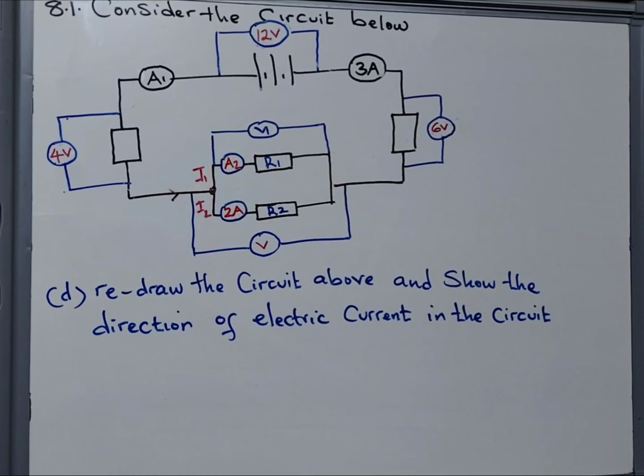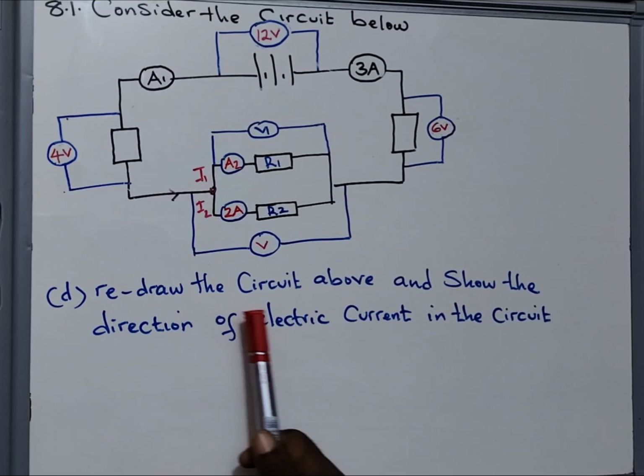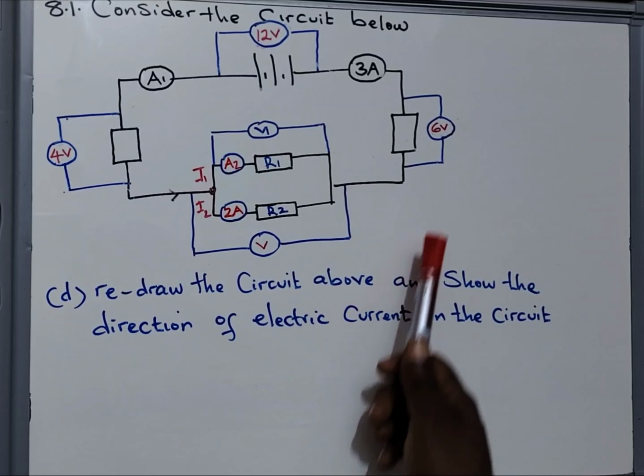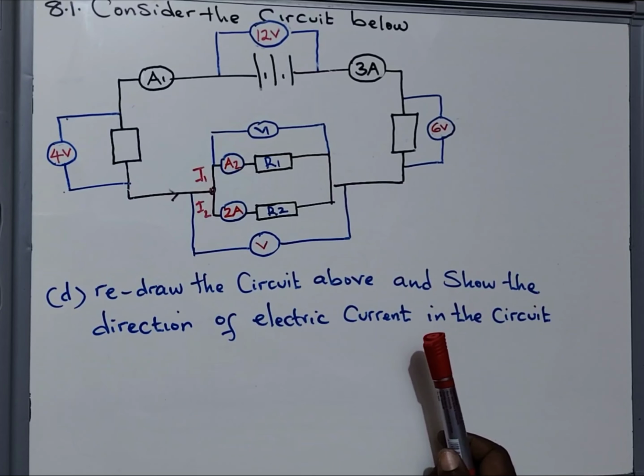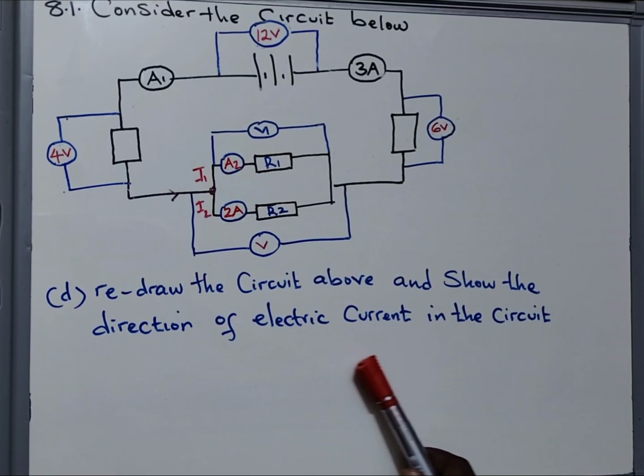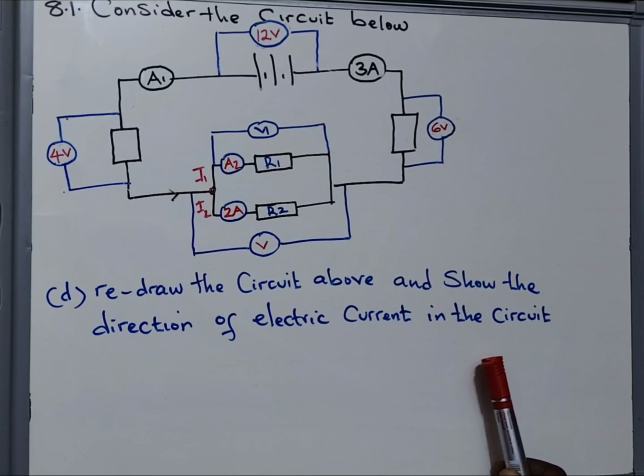Then comes this question. It says, draw the circuit above and show the direction of electric current in the circuit. Okay. How do we go about that? We have the circuit here.